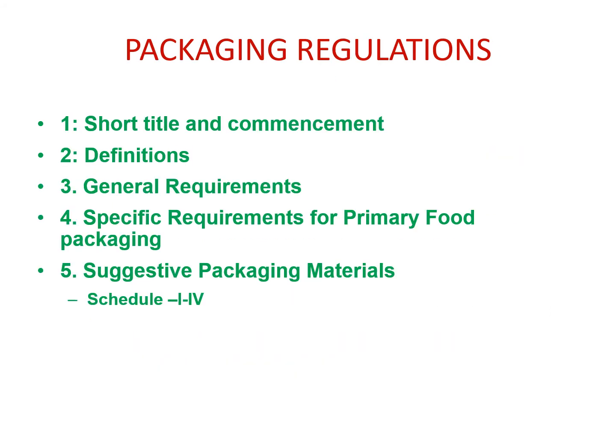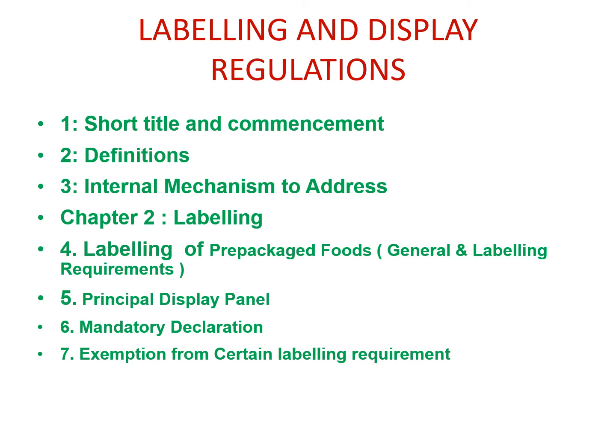Now packaging has become more exhaustive, so it gives the general requirements, specific requirements for primary food packaging, and suggestive packaging materials, in schedules 1 to 4. So the earlier packaging regulation has been made more exhaustive and more specific. The labeling and display regulations are in draft form.